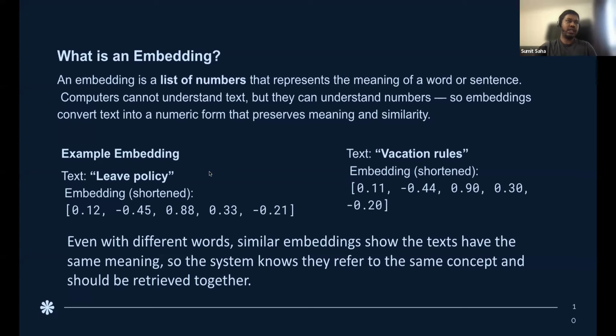We will not go into deep details of how this embedding algorithm works. We just need to know that it takes the text and converts it into numeric values, and the computer can compare those values and understand that these two texts or words are similar.